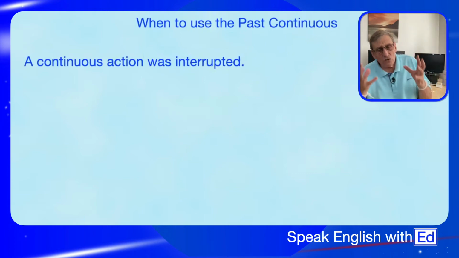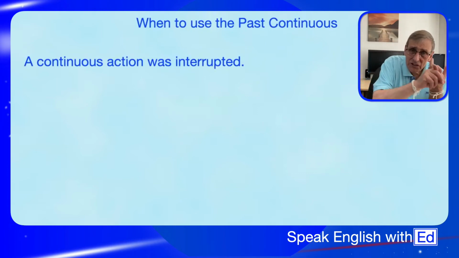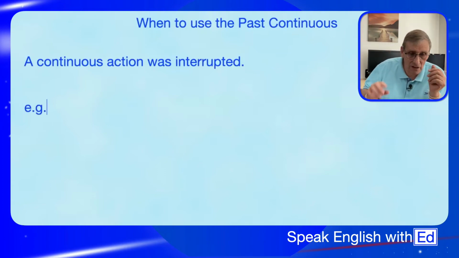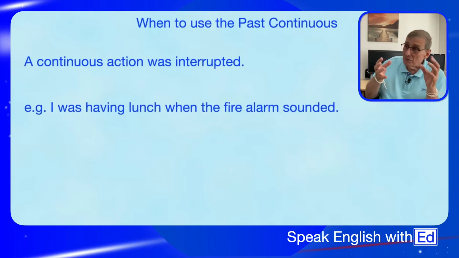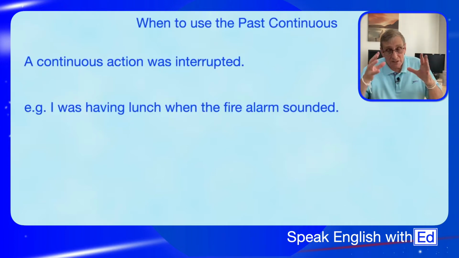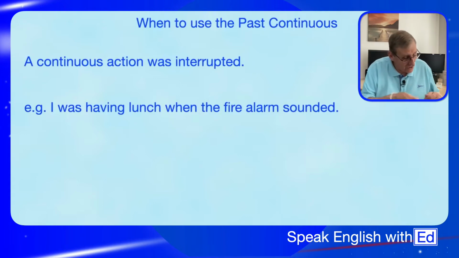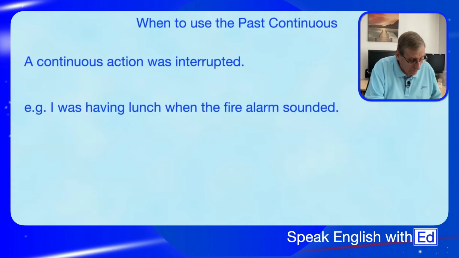Now, you also use it when you're talking about a continuous action that gets interrupted. So, we're having lunch again when the fire alarm sounded. You've got a continuous action of having lunch, something you don't just do and stop.